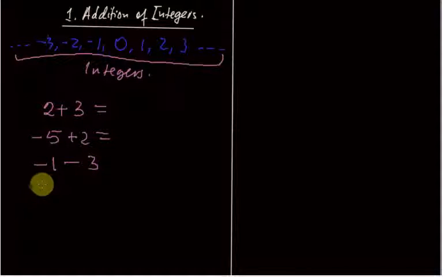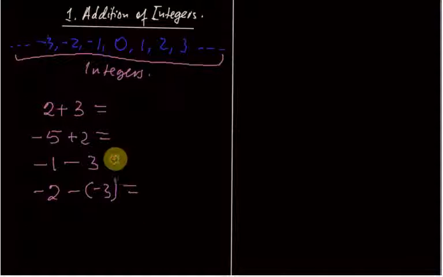Okay, -2, take away another -3. So you have to be very careful about the signs, because this is the action, take away, and this is the integer, -3.